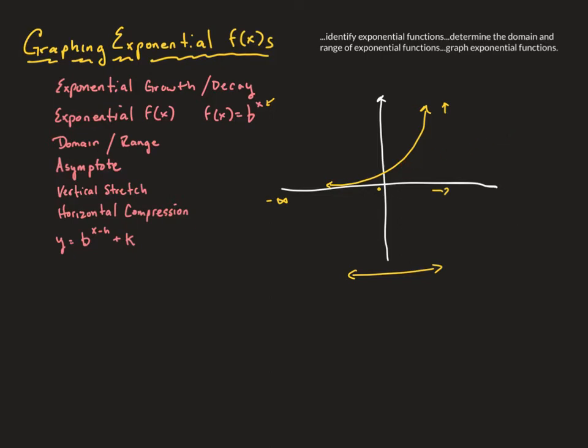So the domain of my function is going to be all real numbers, because all real values of x can be put into my function, and then the value of y will be determined by my transformations. We'll talk more about this.